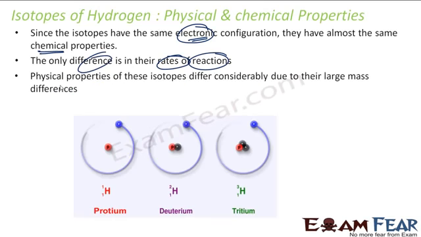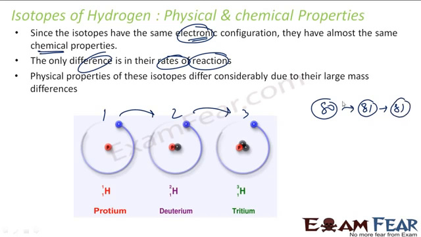The physical properties, like melting and boiling point, differ slightly because there is a huge mass difference. The atomic mass is 1, then almost 2, then 3. It's almost double, and then again. For other elements, say one has atomic mass 80, adding an extra neutron makes it 81, then 82, giving different isotopes.